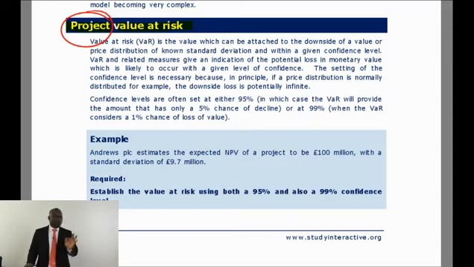So your value at risk is how much of the value you have you believe you are going to lose. The monetary amount you believe you are going to lose, given the risk associated with the project measured as standard deviation and your confidence level.